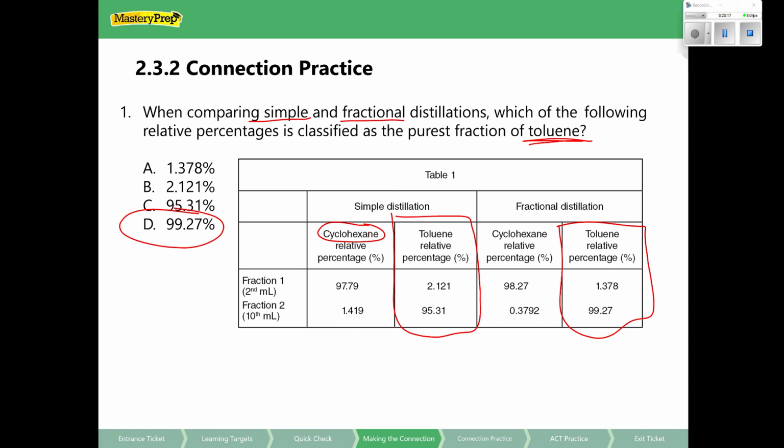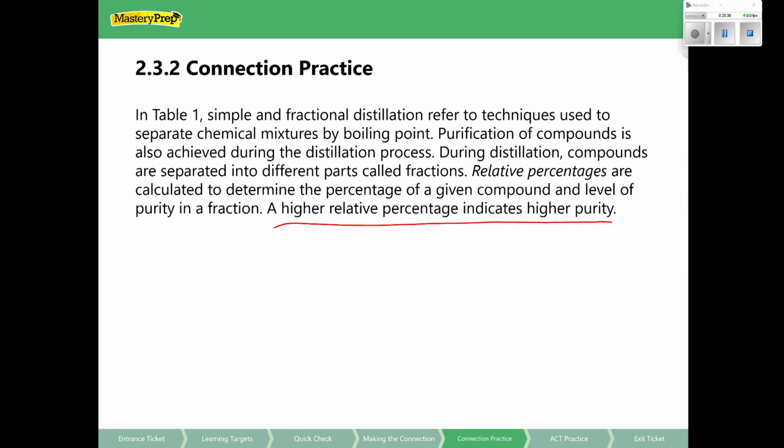Do y'all know what toluene is? No. Cyclohexane and toluene are two chemicals. They're chemical substances, but does it matter what they are to answer this question? No. I mean, most likely, yes. But with the science test, unlike a lot of the other sections, we really don't have to know what this stuff is to be able to answer the question.